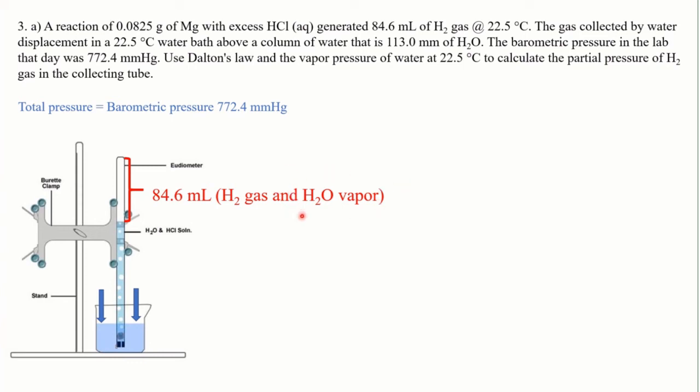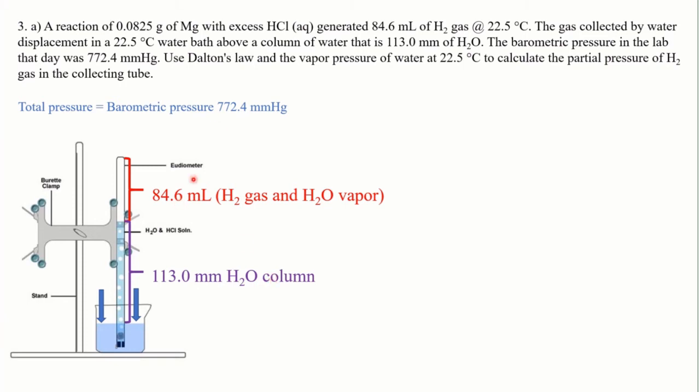The amount of water vapor depends on the temperature of the water. The warmer the temperature, the more water vapor will exist. The lower the temperature of water is, the lower the pressure of water vapor. Next thing that's opposing this pressure is also this column of water, and this column of water is measured to be 113.0 millimeters of water.